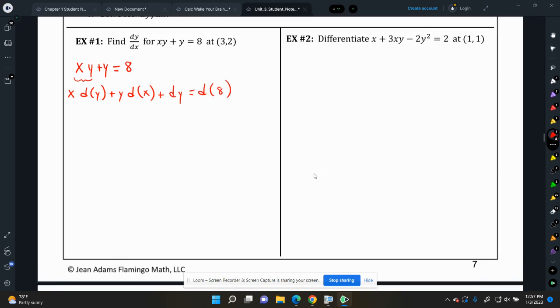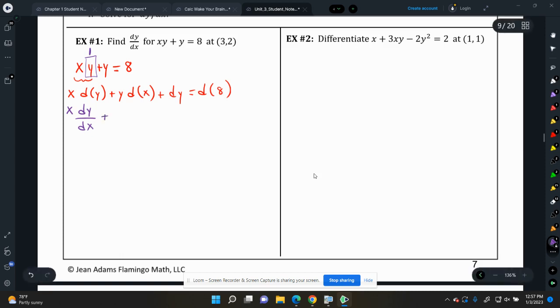Okay. So here's where the only difference when we're doing implicit differentiation is that we have to be more careful with our notation. So instead of just saying dy, it's actually the derivative of y with respect to x. Now this is just y. So what's the derivative of y? 1. So it's 1 dy dx.